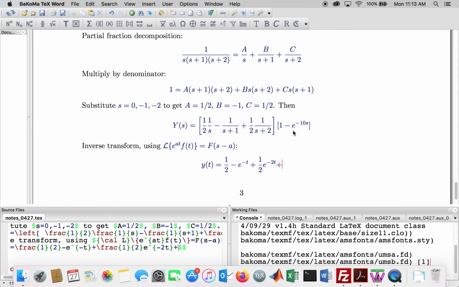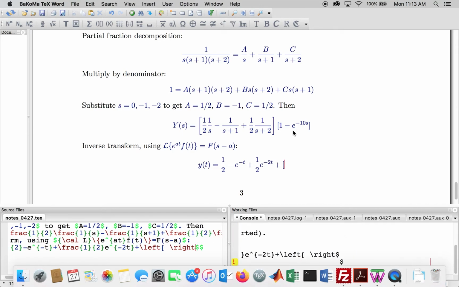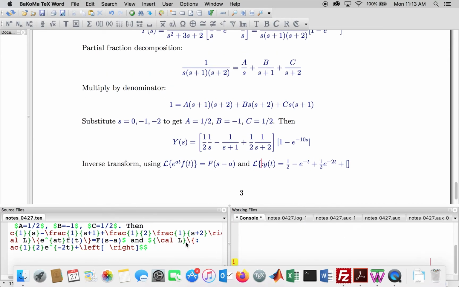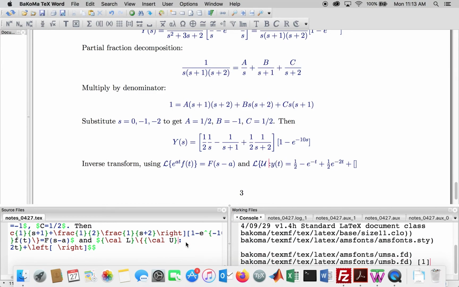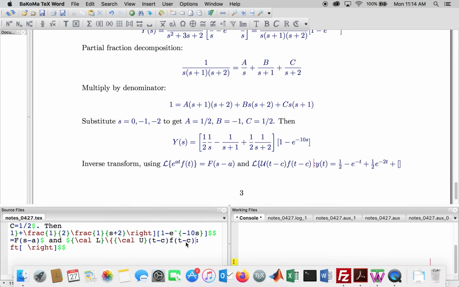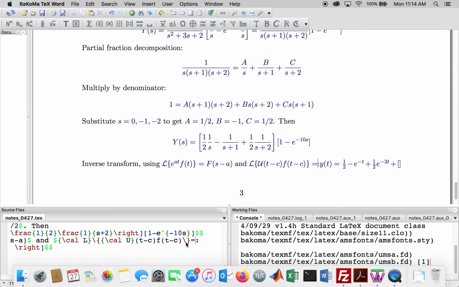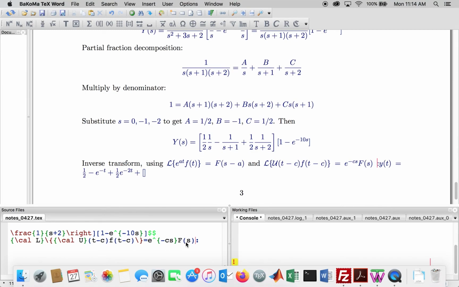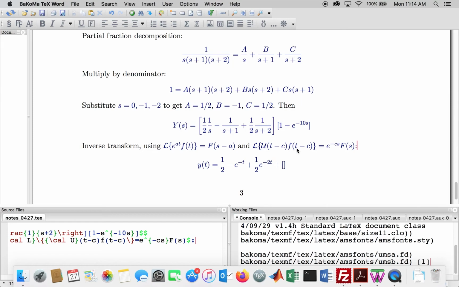But what I can do for that is fill in the rule here too. So for this part, like F of s, I know how to inverse transform it. It's all of this, and that gave me this. But because of the exponential, first I'm going to have a minus.